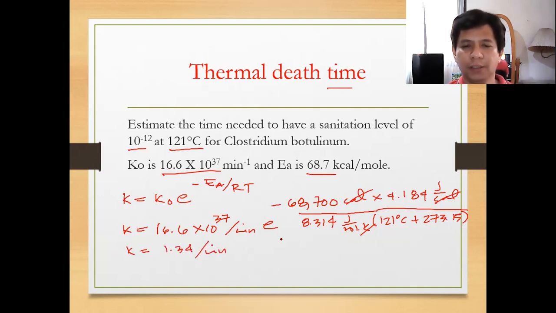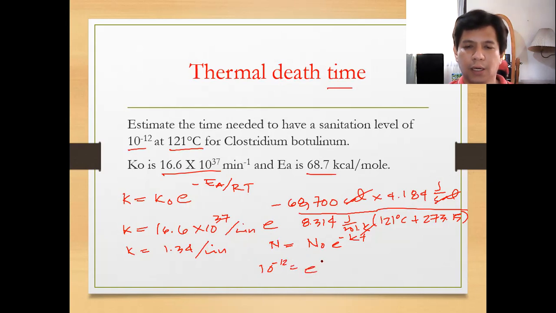And then, after this, you just use the first order equation N is equals to N sub O E to the negative K T. So, yun. Itong T na to is the time. Small letter T. Is the time. So, that will correspond to the thermal death time. So, ang N over N sub O natin 10 to the minus 12 pa rin.